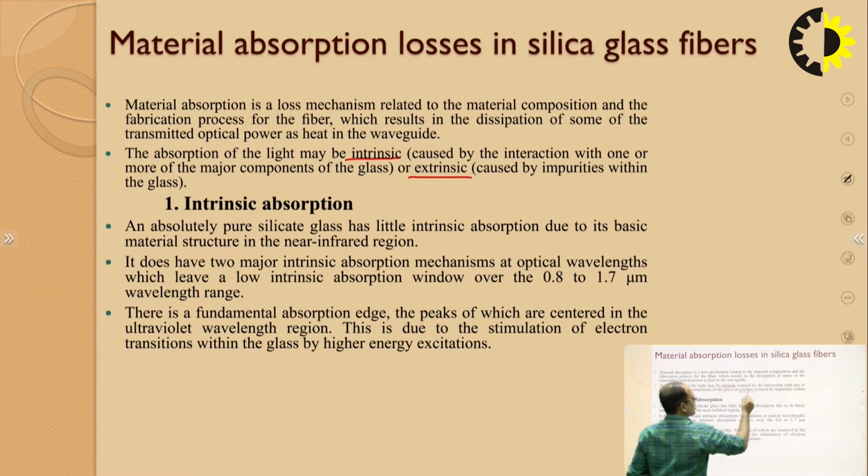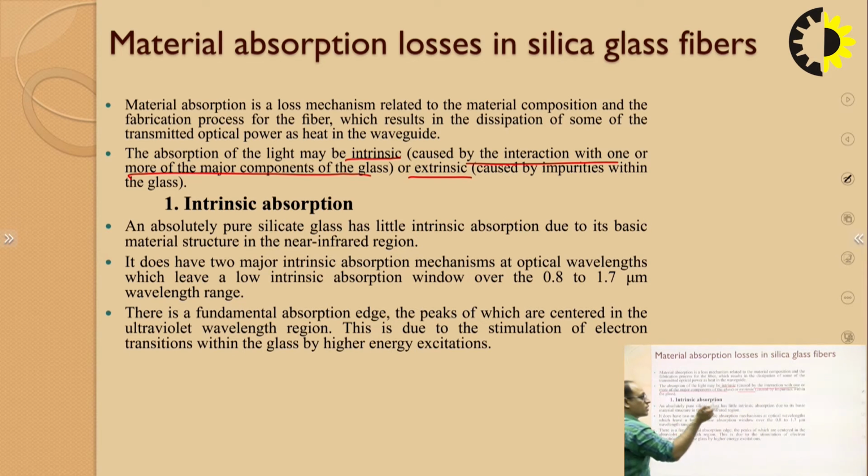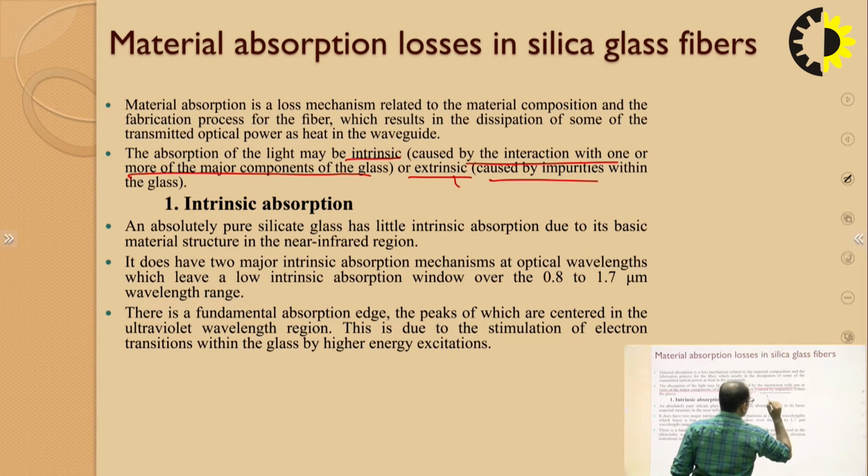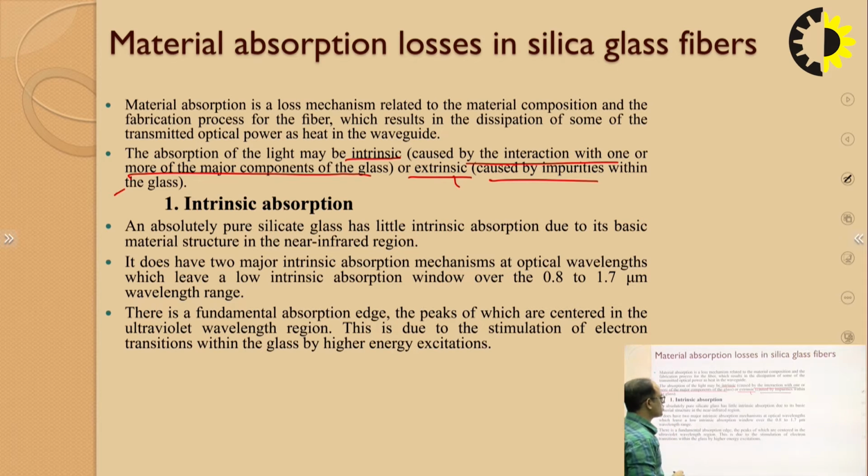Intrinsic absorption is caused by the interaction with one or more major components of the glass only, meaning the fiber, which is made up of silica glass. Extrinsic absorption is caused by the impurities present within the glass. Clear? The first one is the intrinsic absorption.